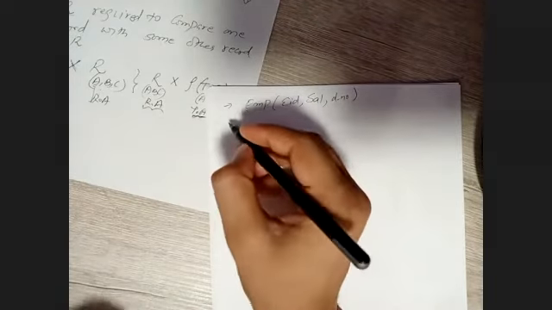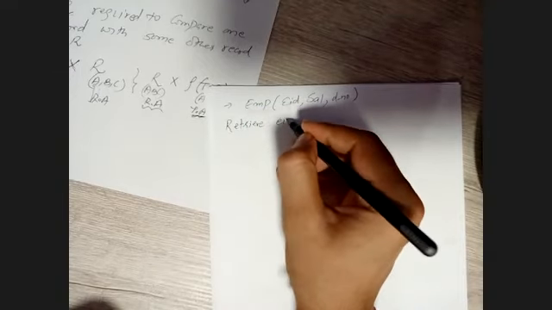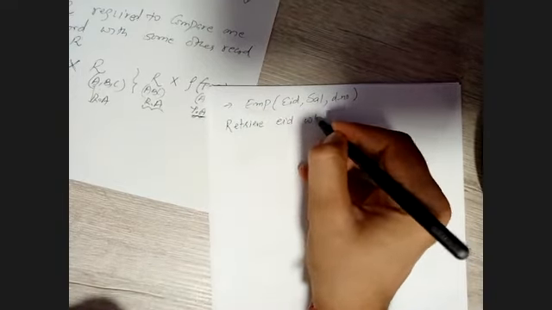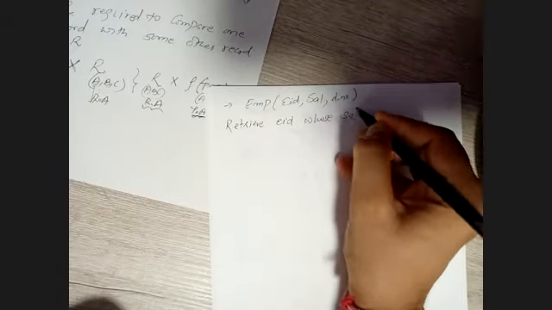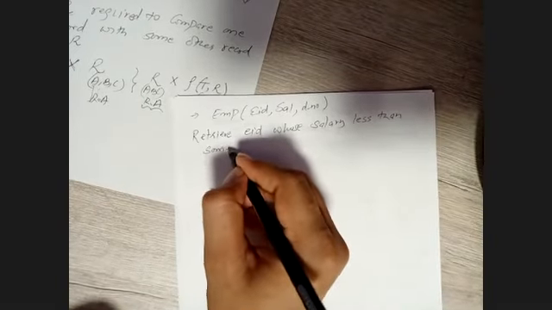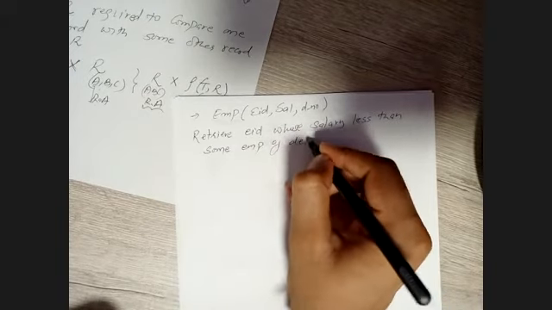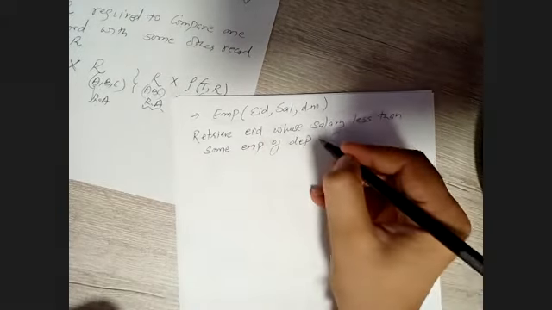What I'm asking is you need to retrieve EIDs whose salary is less than some employee of a department. Let's say I'm specific to department 5 here. We can do that.